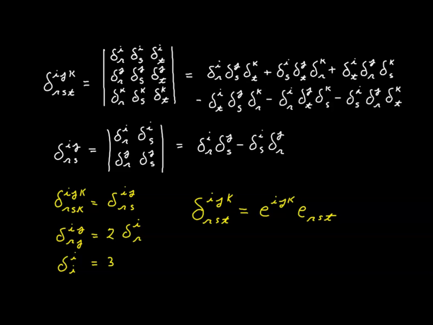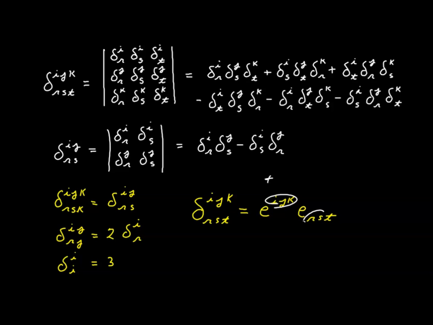Now, this is pretty easy to see because you know that this permutation symbol is going to be 0 unless the indexes are 1, 2, and 3. Same is true here. And then you know that the value of this expression is going to be a positive 1 if this is an even permutation.